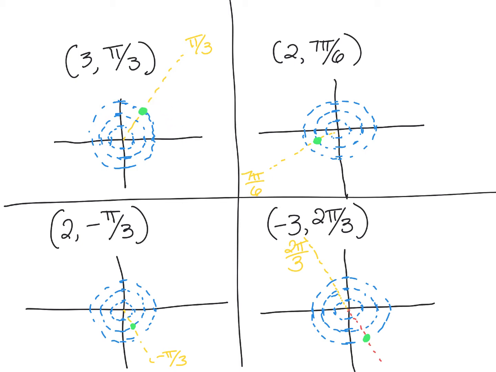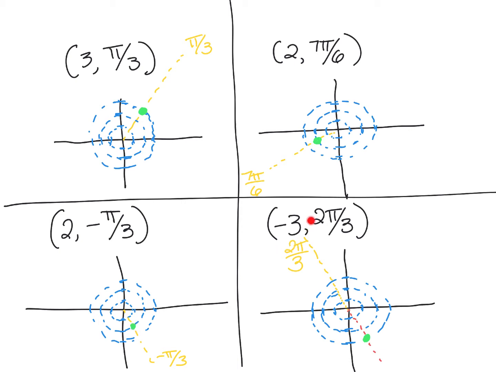All right, look at this one. We're going to go all the way from 0 over to 7 pi over 6, and move out 2 units. Here you can rotate negative, so I'm going to go negative pi over 3, negative 60 degrees, and move out 2 units.